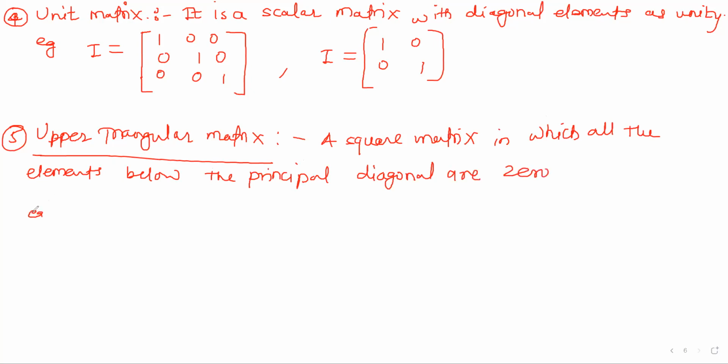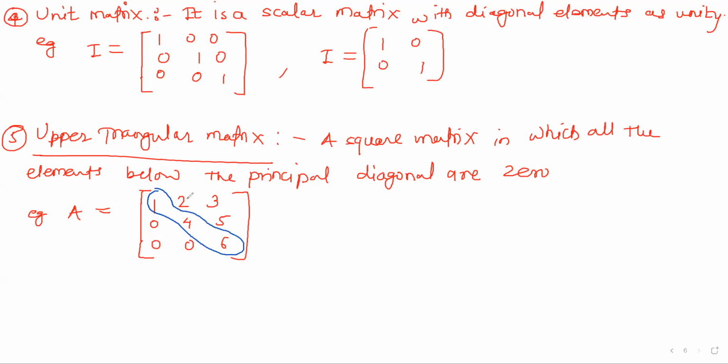For example, E is equal to 1 2 3, 0 4 5, 0 0 6. Now as you can notice, this is your principal diagonal, and below this principal diagonal, all the elements are 0. So this is called upper triangular.